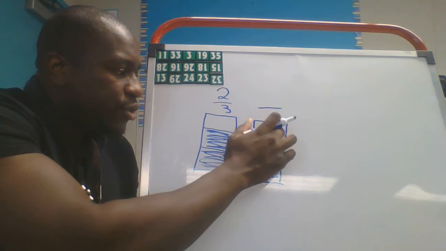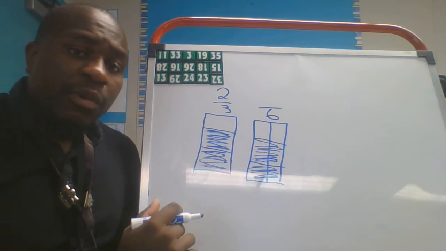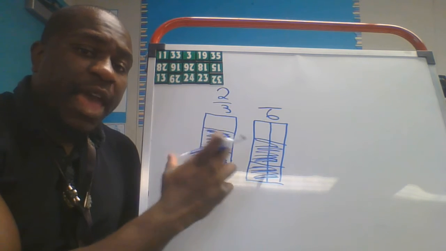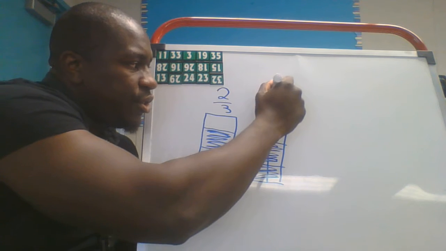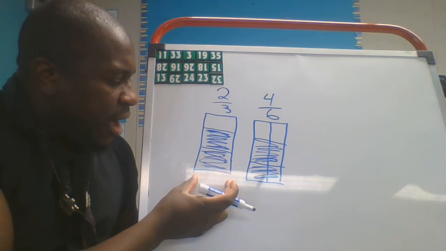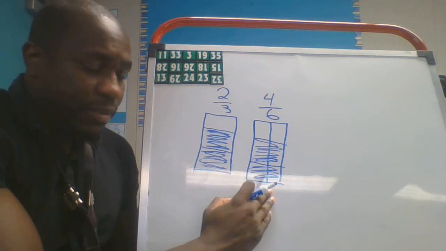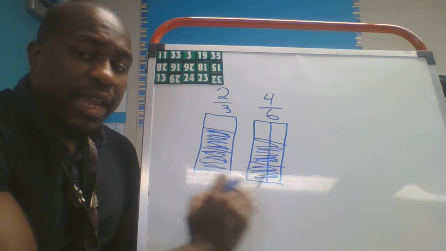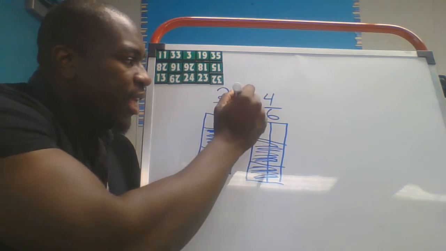So 1, 2, 3, 4, 5, 6. And our numerator tells us how many of the pieces we actually have. 1, 2, 3, 4. As you can see, the area of the shaded portion is the same, even though we represent it differently. That's what we mean when we say equivalent fractions. These are equal.